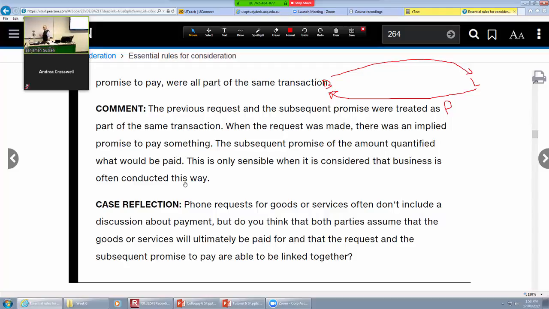So do you see how we solved the problem? We inferred that there was an implied promise which sort of was the incentive for Lampley to go and incur the expenses in getting the pardon. And the subsequent promise, £100, okay, quantified the amount that would be paid.